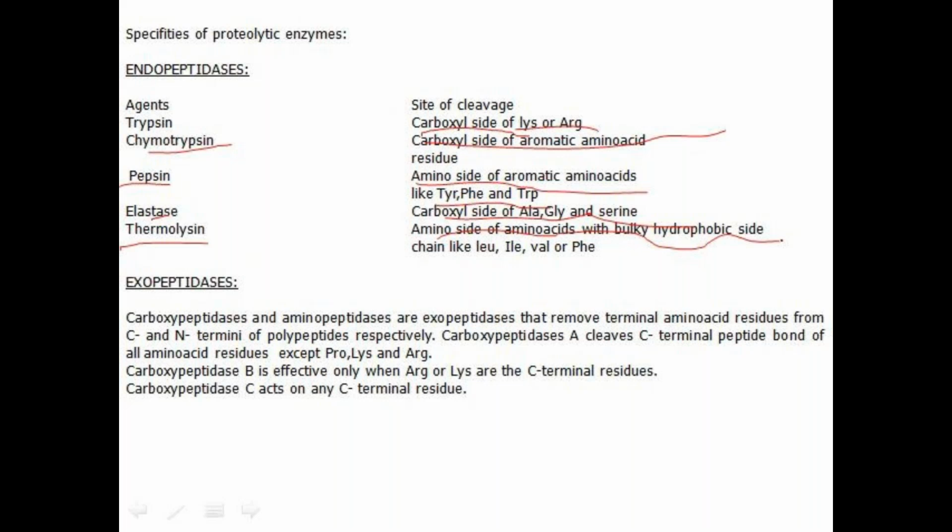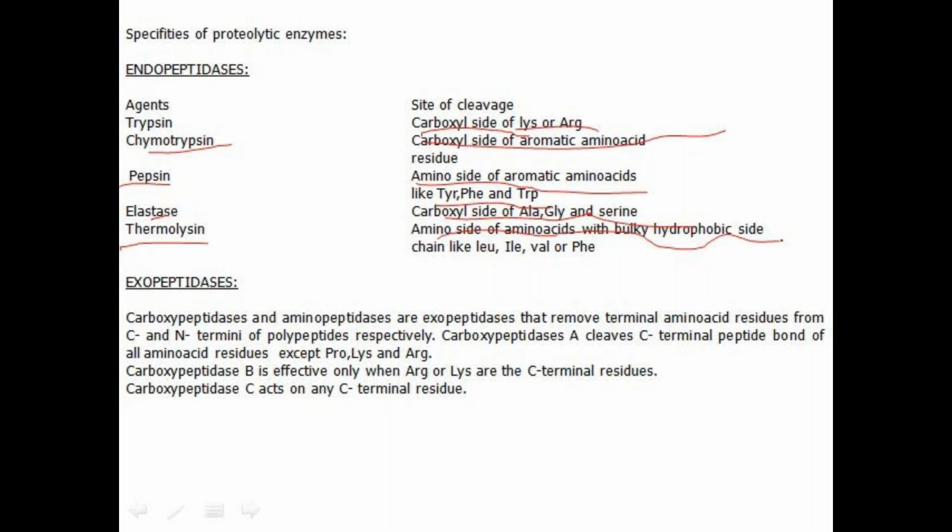These are the different enzymes, and each acts at a specific site of cleavage. By using these enzymes, we can break the peptide bonds in proteins, releasing different amino acids, which allows the determination of the amino acid sequence.